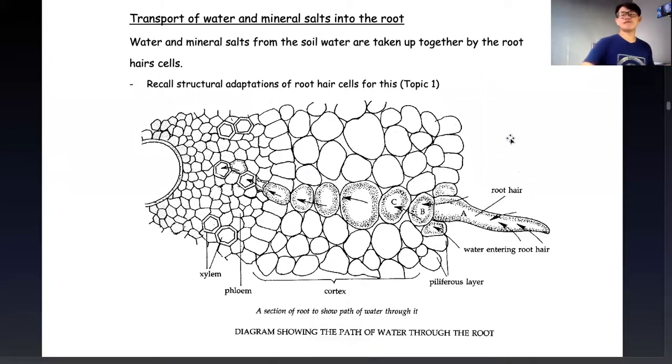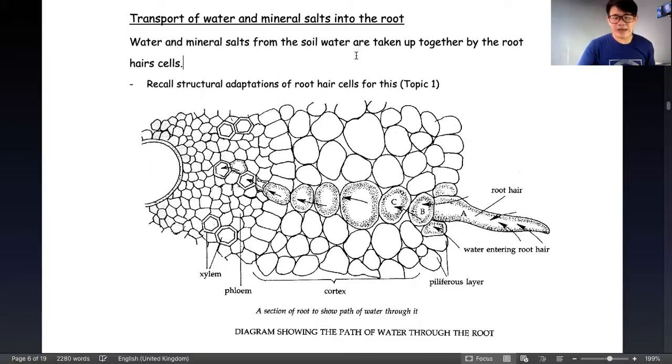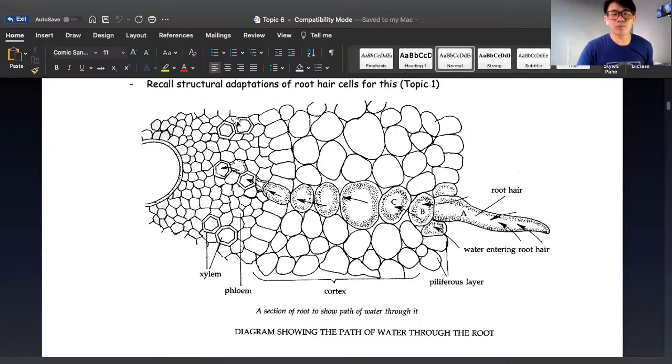Firstly, this is what actually happens. If you could see your notes here, I will also show my drawings, so bear with me for a second.